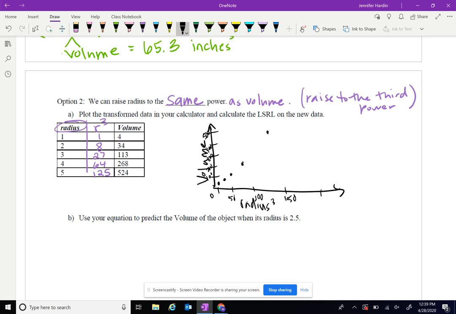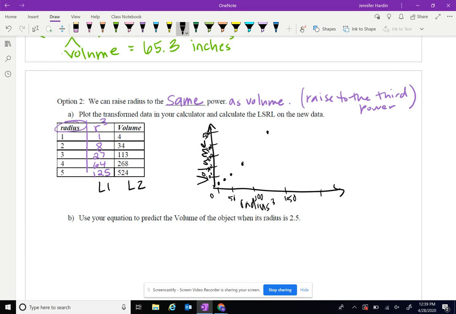So we would do the same thing. We have list 1 or list 2 versus list, I did list 1 versus list 2. And then you can run your least squares regression line that way.